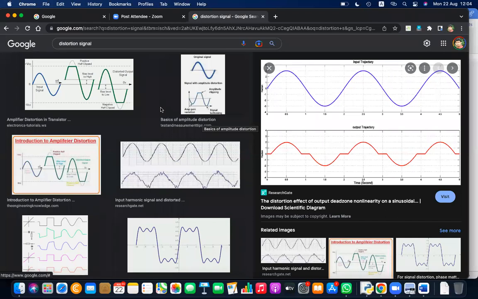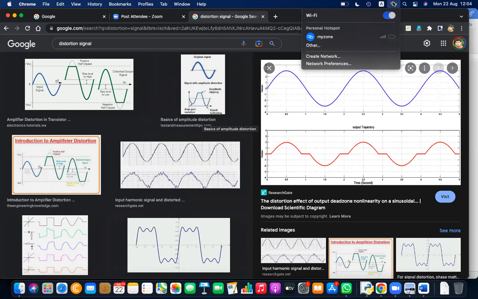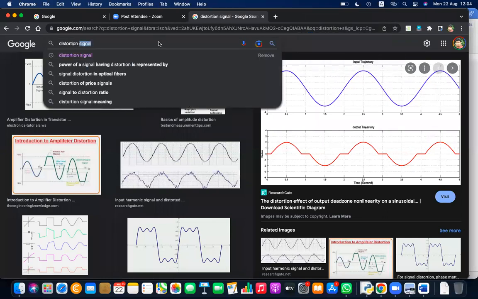Anyway, distortion can happen due to several reasons. Maybe a signal failure, maybe a lagging of the network, maybe clipping or cutting off the higher and lower levels, maybe mixing with some other signal due to noise. Noise is unexpected signals present in the communication environment.